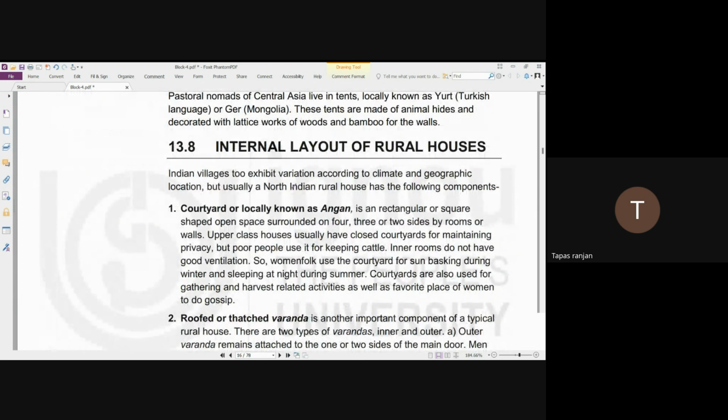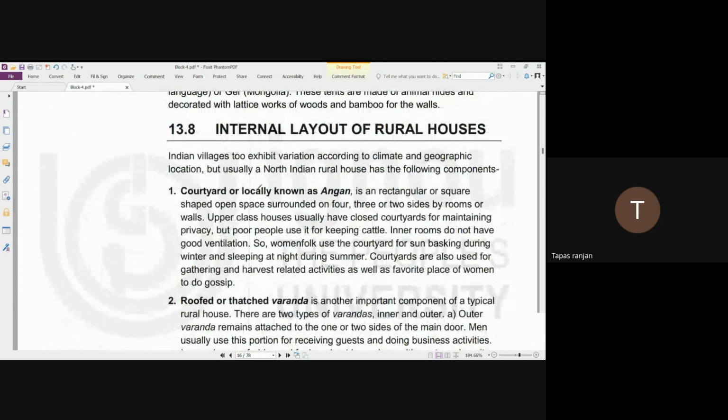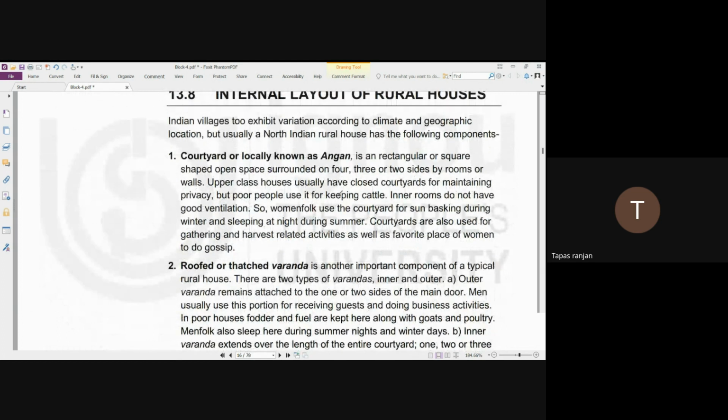So these are the internal layout. We have discussed something about the external layout. These are the internal layout of rural houses, and this can be easily understood. Courtyard, or locally known as angan. So in India, you know what is angan. It is basically a rectangular or square shaped open space surrounded by the rooms or walls, and that is used for social interaction purposes.